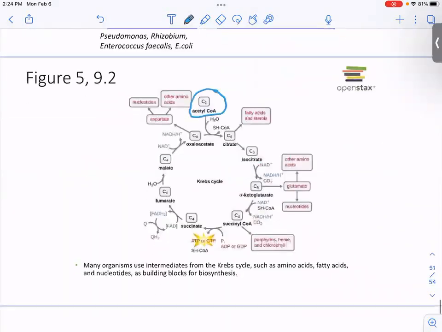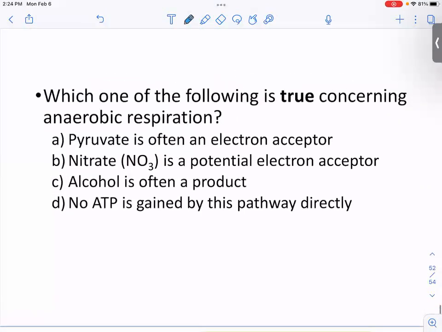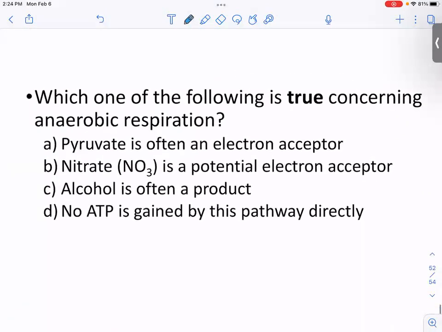I think I have one more question here before we move on. Okay, one more review question from today, and then we'll start our genetics unit here.